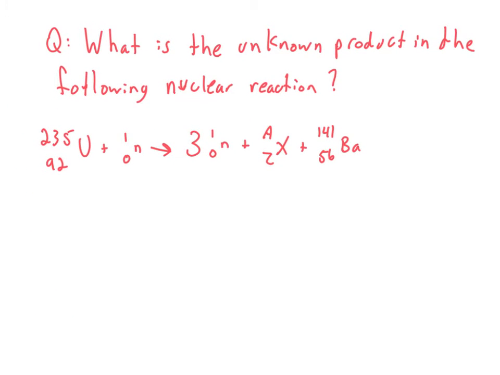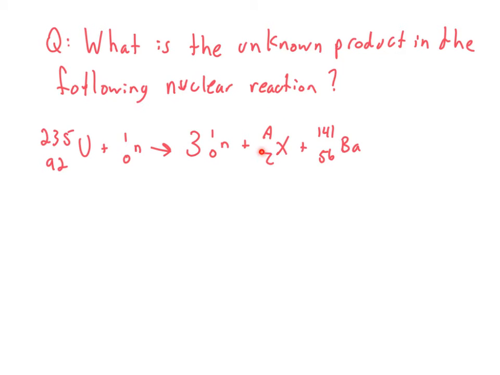that I made up. Okay, so what is the unknown product in the following nuclear reaction? We have uranium-235 getting bombarded with a neutron, and the product from that is 3 neutrons, very important to always remember that coefficient, plus an unknown, plus barium-141.